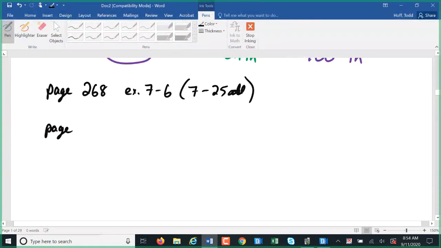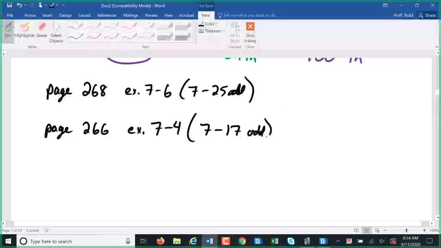For right now, then, I'm going to give you page 266, exercise 7-4, 7 through 17, the odd. Talking about your degree of precision and your implied range. Page 269, exercise 7-7, 7 through 21, the odd.